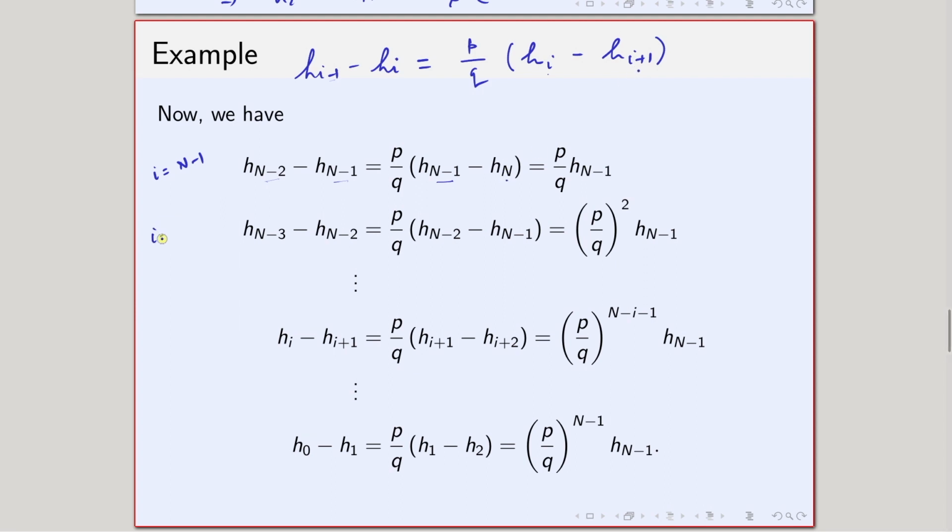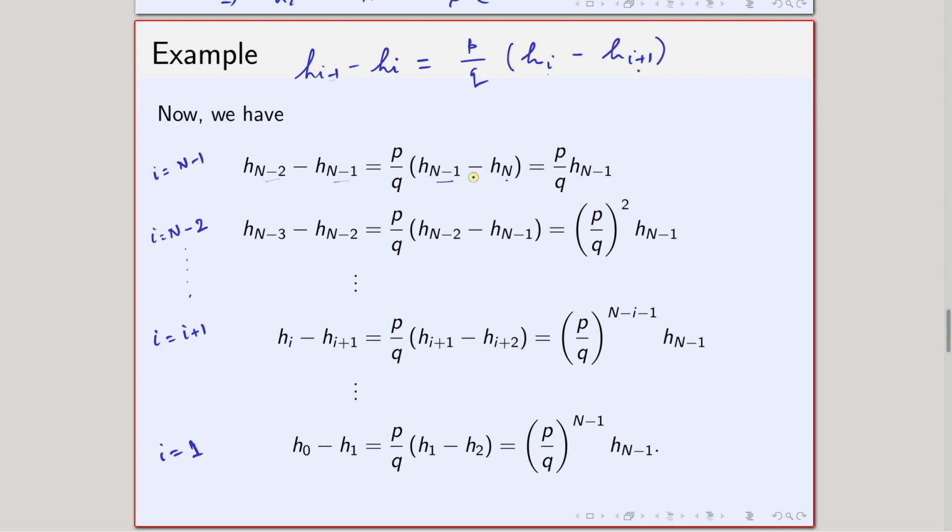Then I put i equals n minus 2, and I get this equation. In this way I proceed. Finally, if I put i equals 1, I get the final equation. So putting different values of i from 1 to n minus 1, we get these equations.